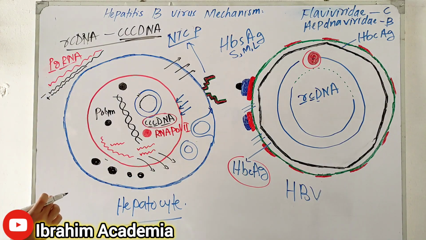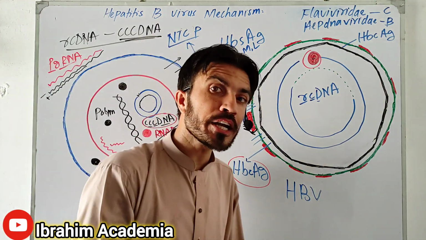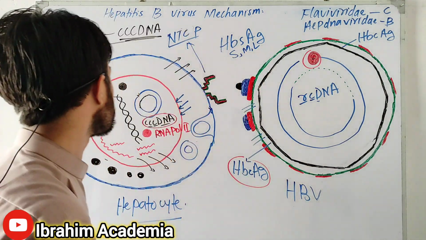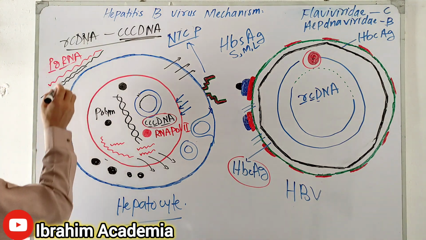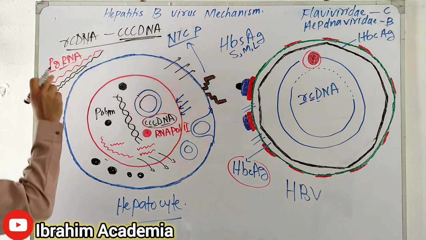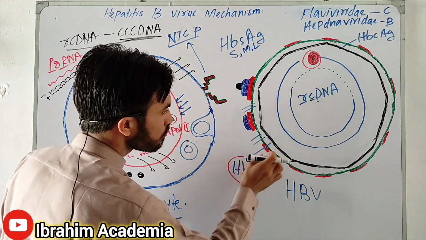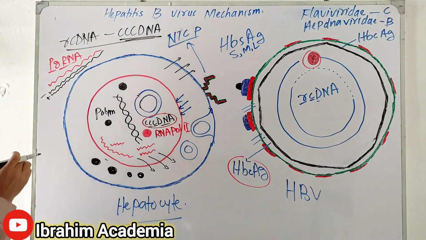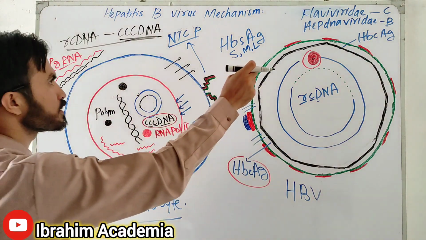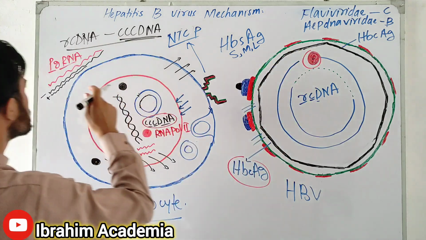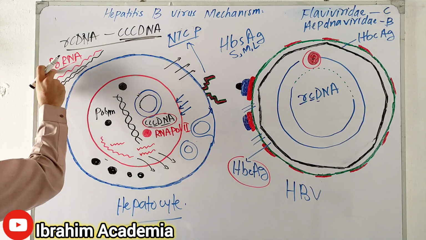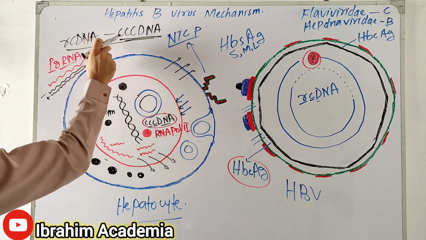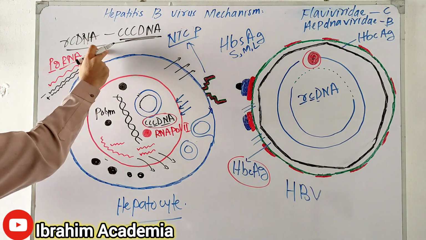What does the pgRNA do? pgRNA acts as a template for the new virus particles. The polymerase enzyme forms, and the HBcAg protein forms, and when the polymerase enzyme forms, it starts the reverse transcription of this pgRNA and forms the negative strand DNA molecule.